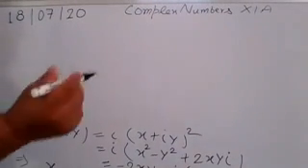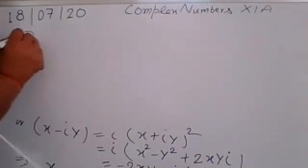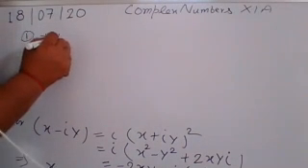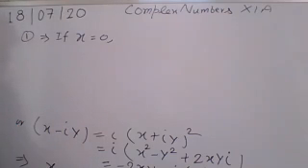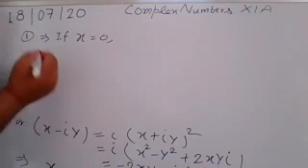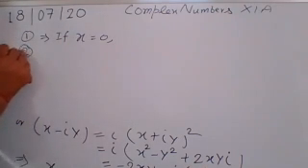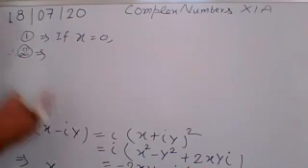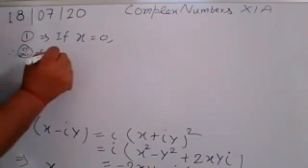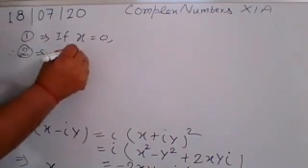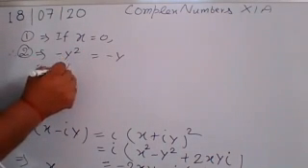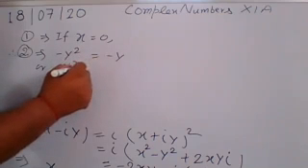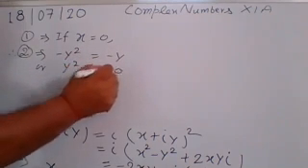Right, so the conditions. First of all, take x is equal to 0. Putting that value in the second equation, you have minus y square is equal to minus y, or y square minus y is equal to 0.